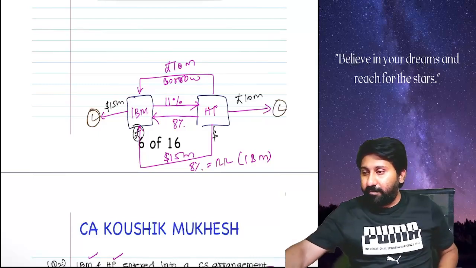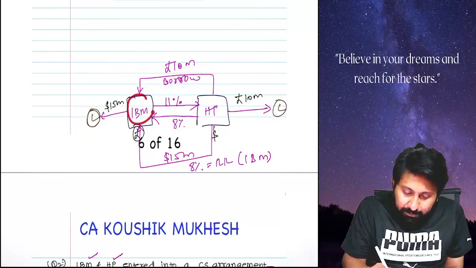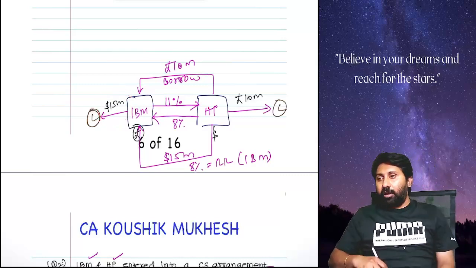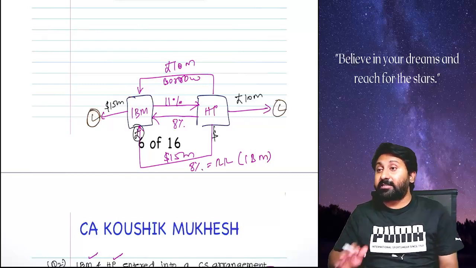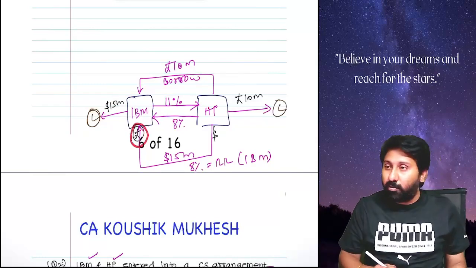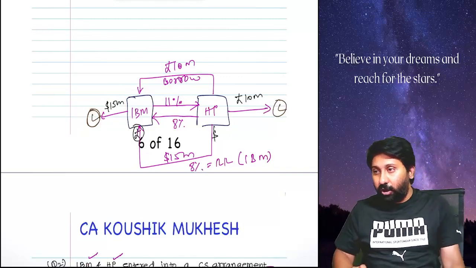Correct? IBM took a loan of $15 million. IBM's currency is pound, but it took a loan in dollars.